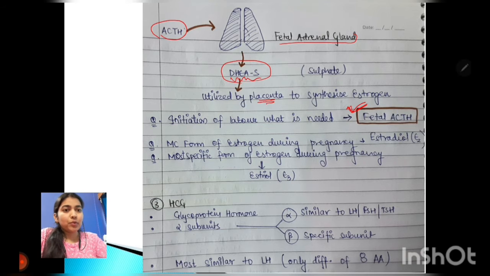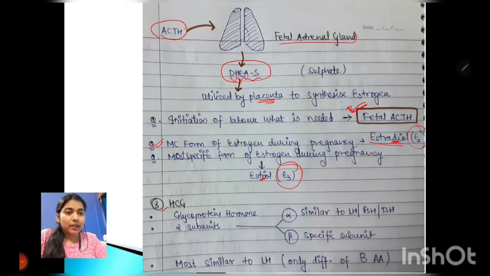The most common form of estrogen during pregnancy is estradiol, which is E2. But the most specific form, which suggests pregnancy, is estriol, which is E3.